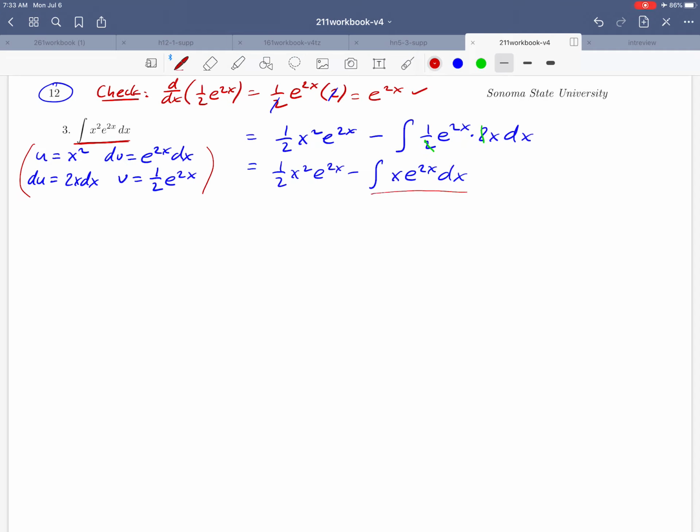That's a good sign that we've made some progress here. All right, so to do this integral, we actually need to repeat integration by parts one more time here. Okay, so this is kind of a long problem. So we're going to take this integral and use integration by parts again.